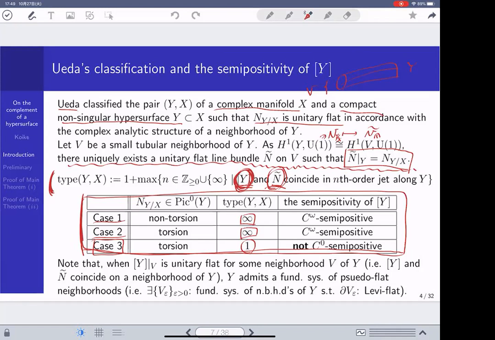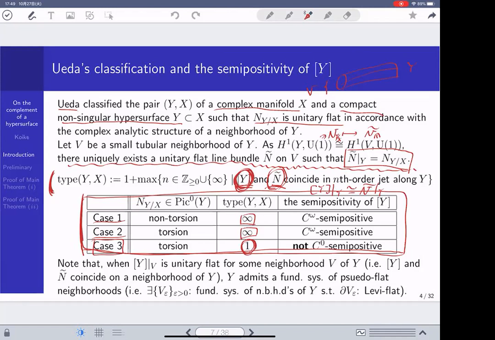That is, Y restricted to Y is equal to N tilde restricted to Y. It is clear because both of them are isomorphic to the normal bundle. But in the first order jet, they do not coincide. What does it mean?